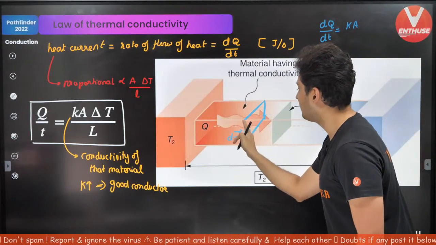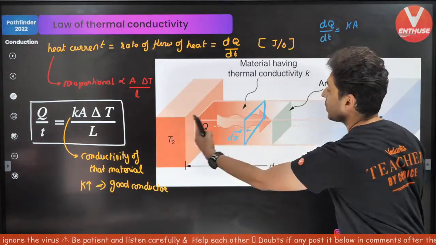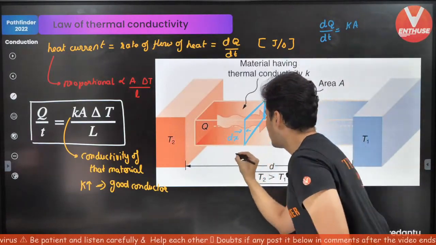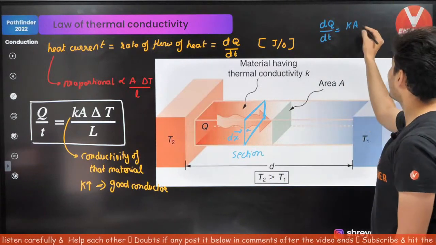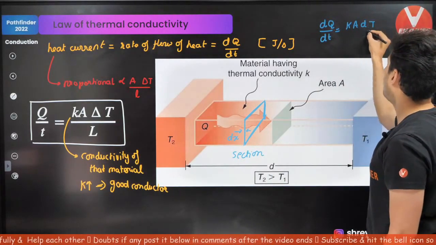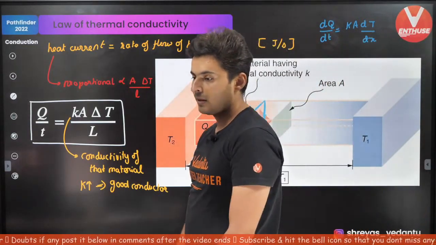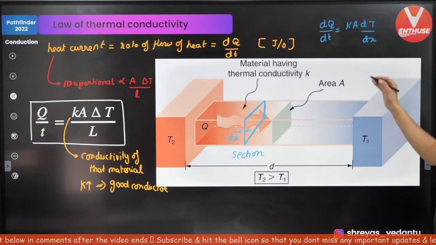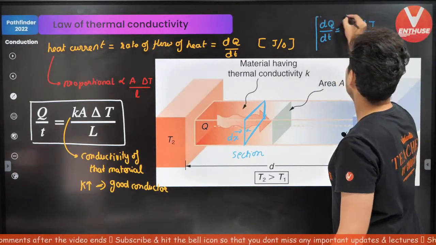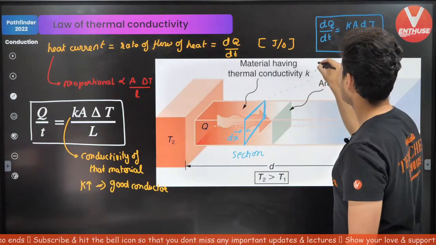The temperature difference between this side and this side, only we are, instead of the big rod, taking a small section of that rod. Then it will be KA dT by dx. This is a differential form. I hope this is fine, my warriors. Is that clear? This is for small sections that I have mentioned right over here.